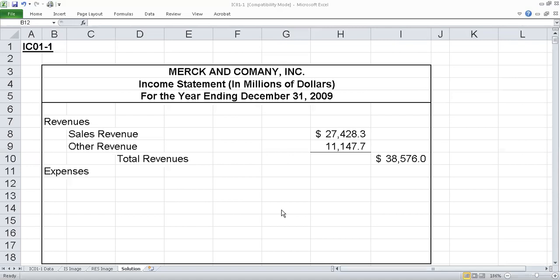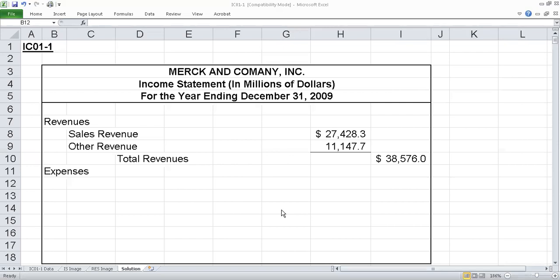They'll have what we call other revenues and gains and other expenses and losses. Those are things that come from something other than the normal day-to-day operating activities.